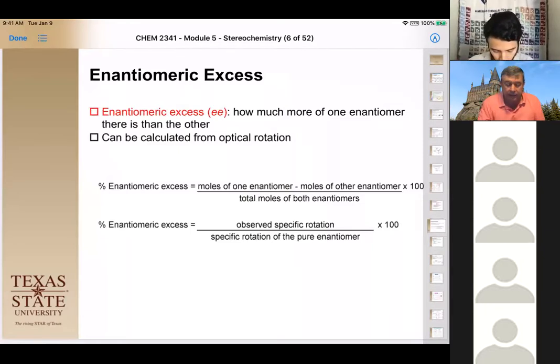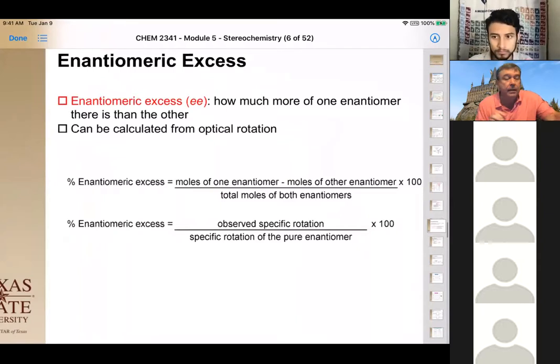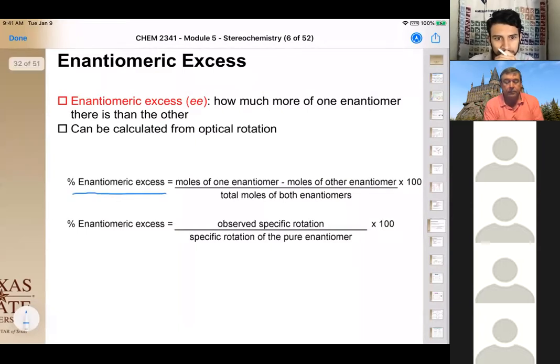So the calculation is actually fairly simple here. We can do it by moles or by specific rotation, okay? So if you actually had the independent ones and you mix them together, you could do it by enantiomeric excess with moles. So you have the moles of the one isomer minus the moles of the other isomer divided by the total moles.